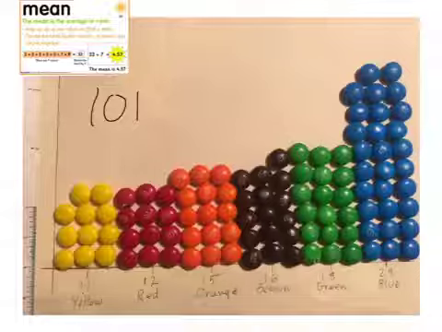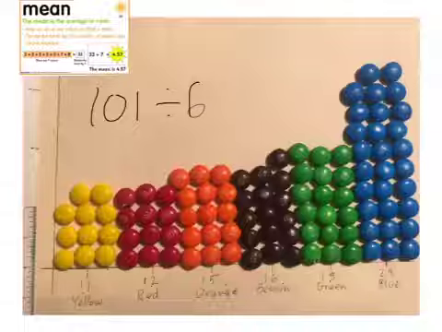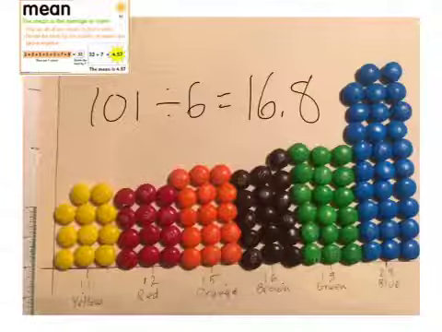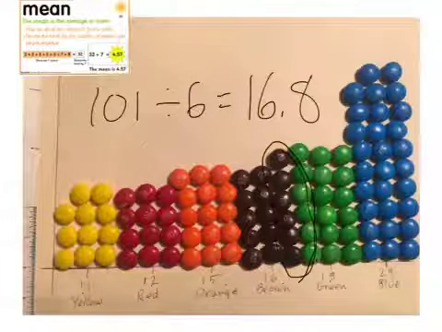There are 1, 2, 3, 4, 5, 6 different numbers, so we divide that by 6. And we get approximately 16.8. Alright, so that's the mean. And you can see that it basically falls somewhere between 16 and 18, almost at 17. So the mean would be somewhere in this area.